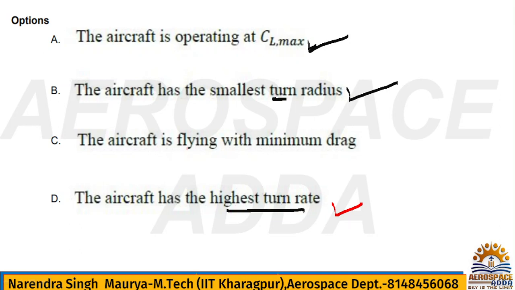If it is flying in the minimum drag condition, then if the maximum load factor is there, the minimum drag condition will not be satisfied. So which option is wrong here? Option C. So this is not correct, that the aircraft is flying with minimum drag. This option is not correct. The rest all three are correct options. Right? Thank you.